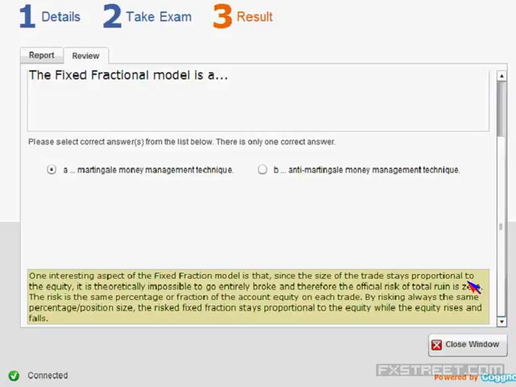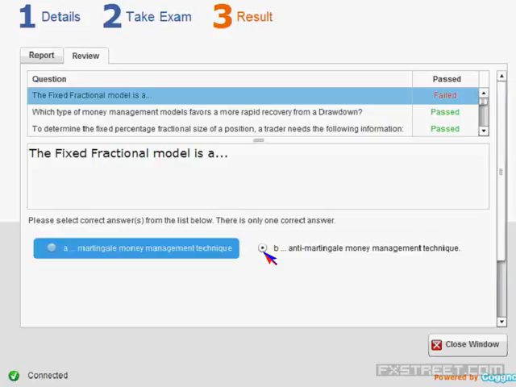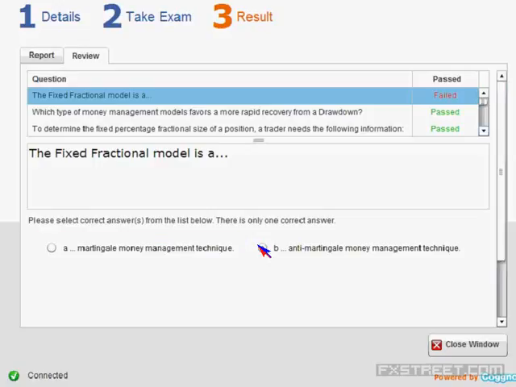This is thus an anti-martingale. So I guess we chose the anti-martingale and either the system was wrong or we typed it wrongly. But I guess we understood that one.